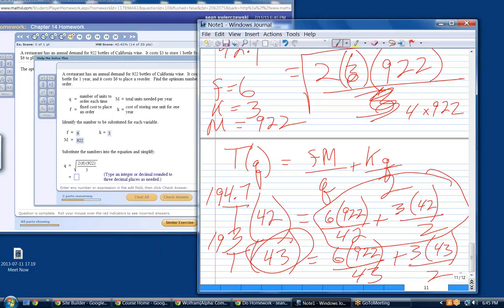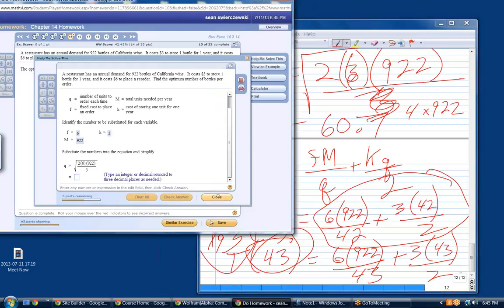My calculator's being a pain. 60.7, so 61. Okay, so we needed to find T of 60 and T of 61 and find out whichever one was smaller, and it's clearly going to be the 61, which was the right answer.